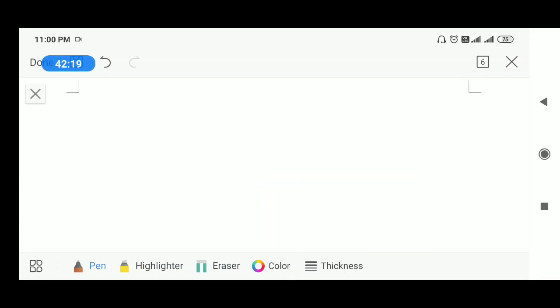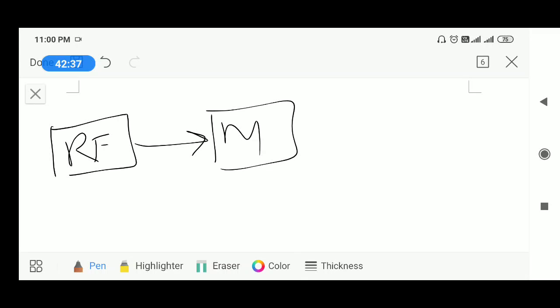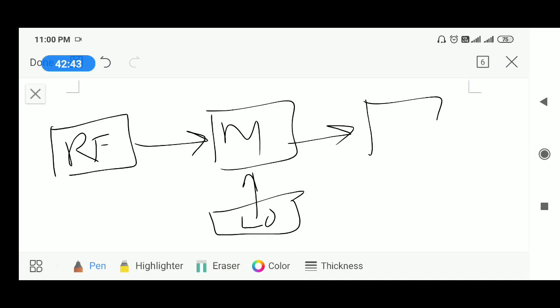Before finishing I will revise the formulae related to image frequency and its rejection ratio. In a superheterodyne receiver, the first block is the RF amplifier whose output is connected to the mixer, and the mixer also gets an input from the local oscillator. The output of the mixer is given to the IF amplifier.